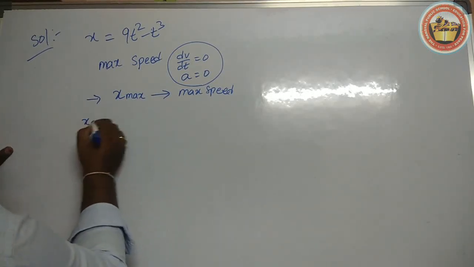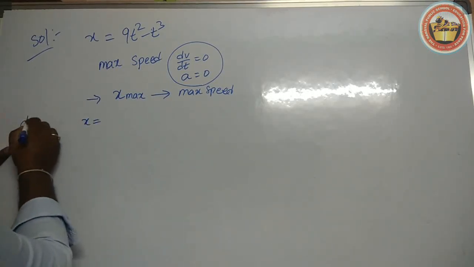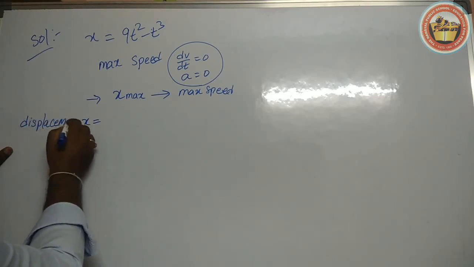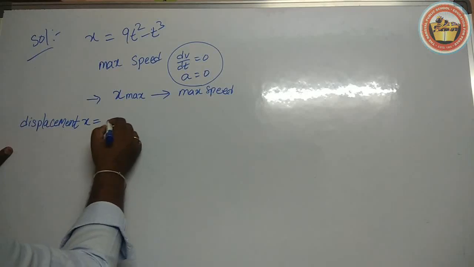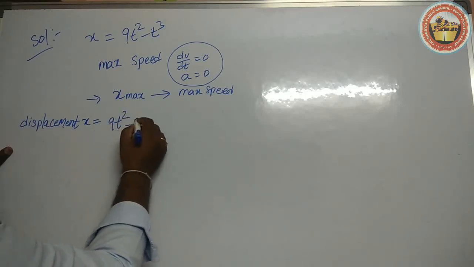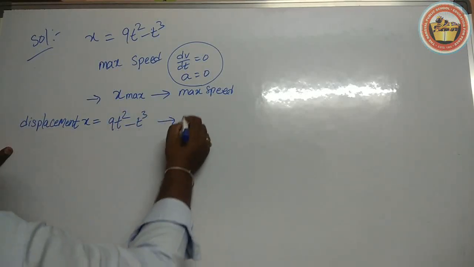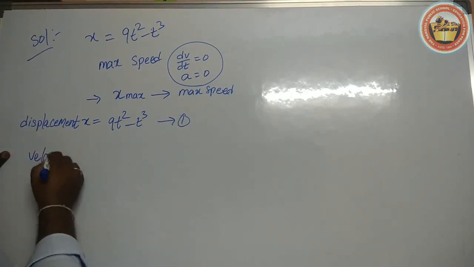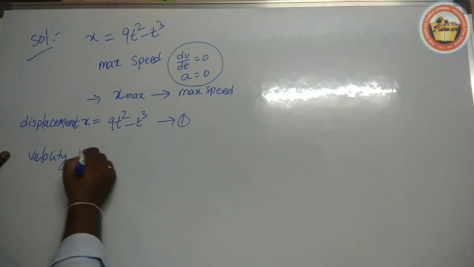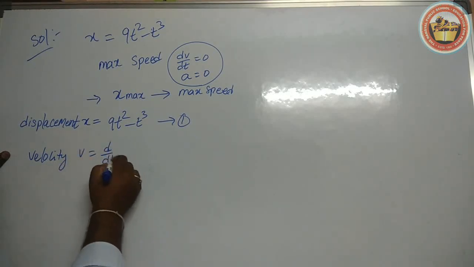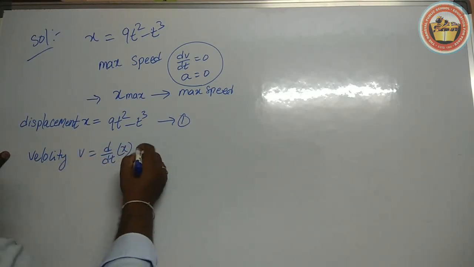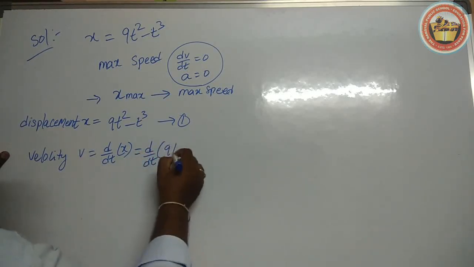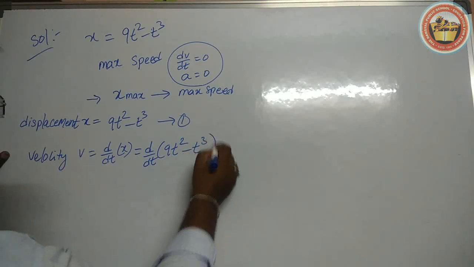Displacement x equal to 9t square minus t cubed. This is equation 1. Next, velocity. Velocity v is equal to d by dt of x, that is d by dt of 9t square minus t cubed.